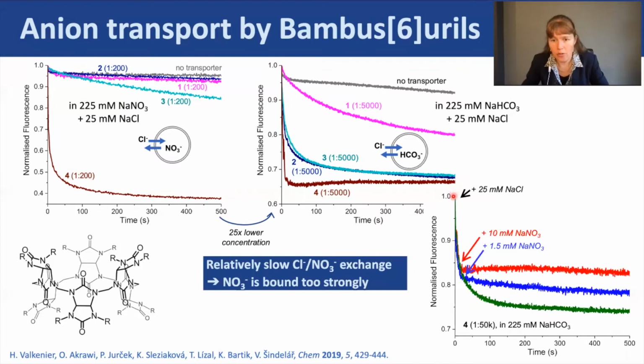This green curve shows transport of chloride in bicarbonate solution, so chloride-bicarbonate exchange, and then upon addition of 10 millimolar or even only 1.5 millimolar of sodium nitrate, we see that the transport is brought to a halt. So a bit of nitrate stops the exchange of chloride and bicarbonate, indicating that nitrate is bound too strongly for efficient transport.